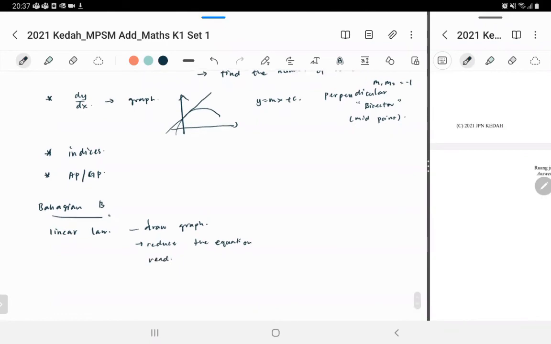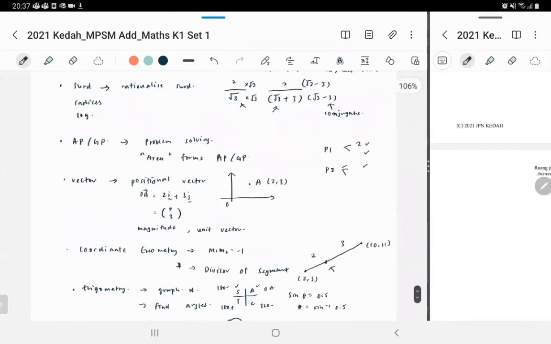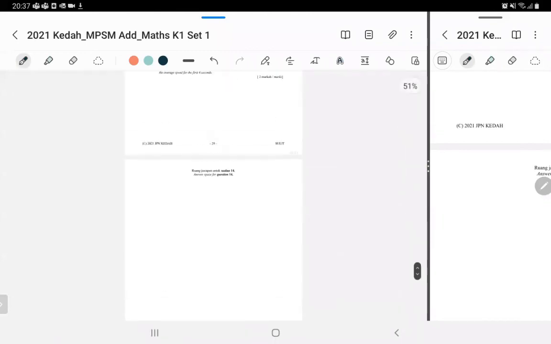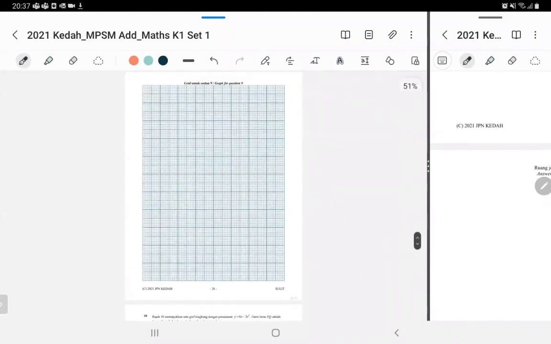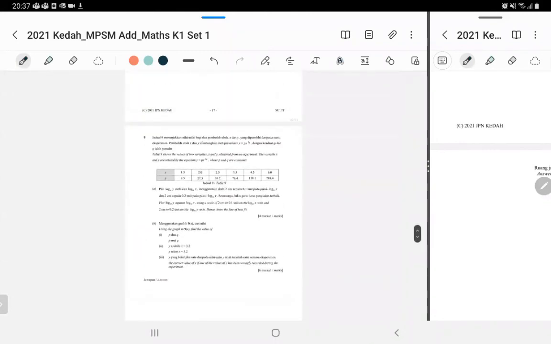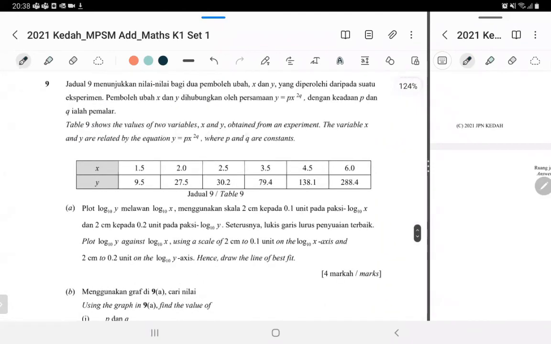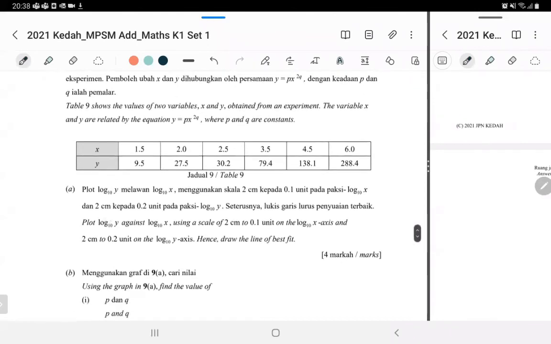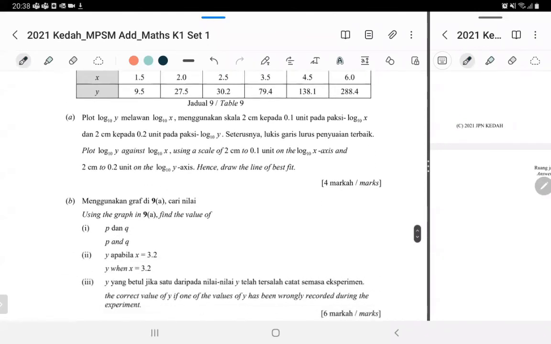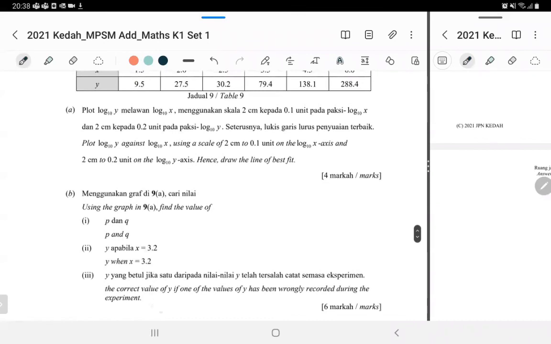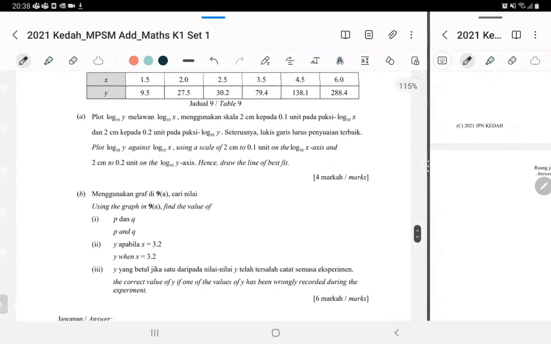If you still remember last week, we did this one, hold on, let me show you. Something like this kind of question. You have two variables, you have the x and y values, and you need to plot the graph. After you plot the graph, you need to find some values from the graph. These kinds of questions are in paper 2, part B.